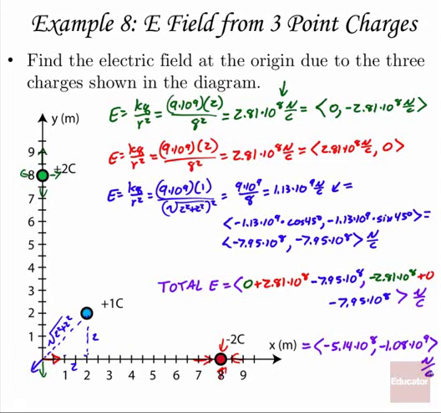So a little bit more math here to get through it, but really the same basic concept. Find the electric field due to each of those points, and then sum them up to get the total electric field over here at the origin, which is going to be, we have a component to the left, we have a component that is down, so we're going to have a net electric field down in that sort of southwestern quadrant, quadrant 3 of the graph.